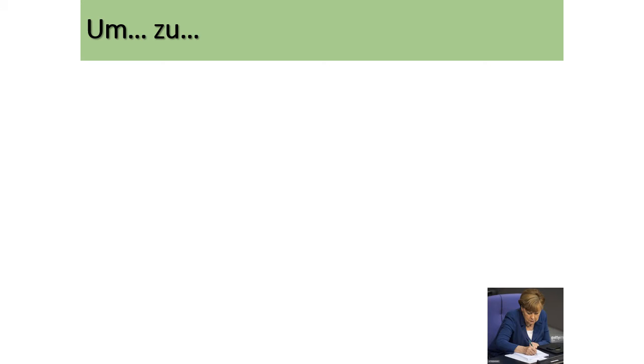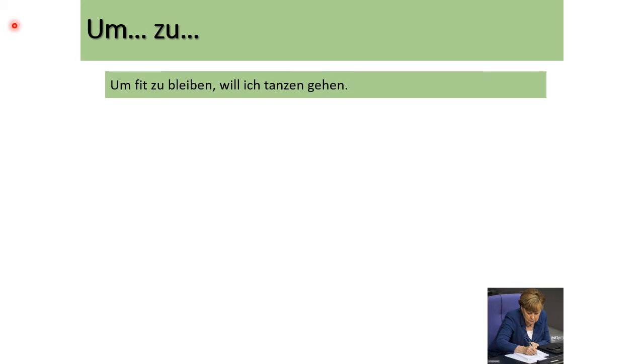Okay, for task 4, you've got some sentences to translate into English. So I want you to understand the meaning, but also look carefully at how the sentences are formed so you understand the grammar. The first one says, fit zu bleiben, in order to keep fit, comma, and then you've got your second half of the sentence. Your verb and your subject are inverted here, and then you actually have two other verbs which are at the end of the sentence and are both in the infinitive.